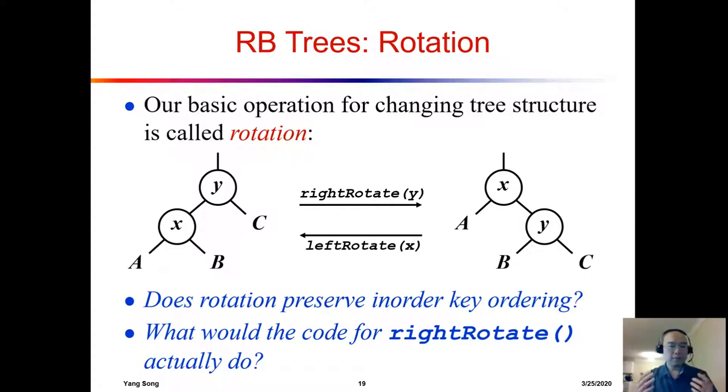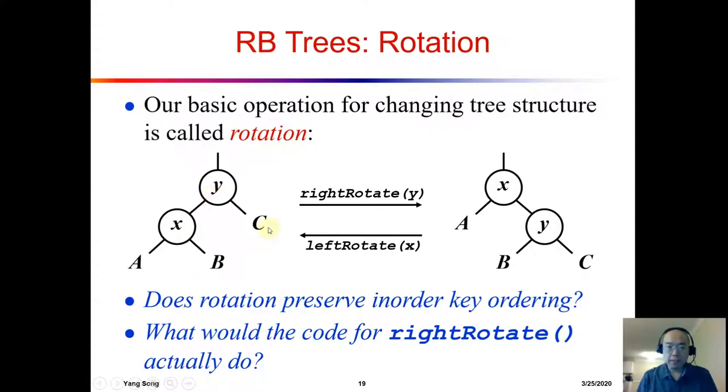So when we are doing this rotation, are we going to break any of the properties? So let's consider the binary search tree property. This means y is greater than x. Okay, and then A is smaller than x and B is greater than x, but both A and B are smaller than y.